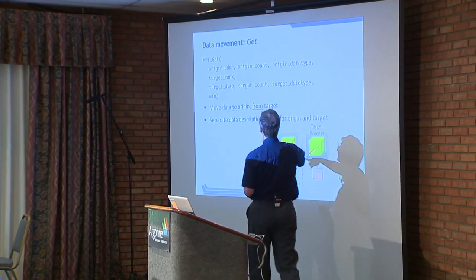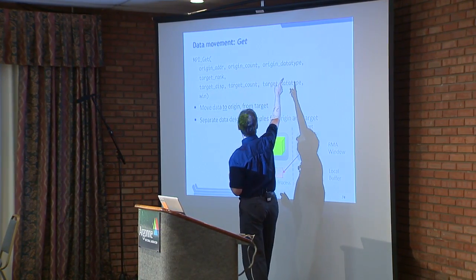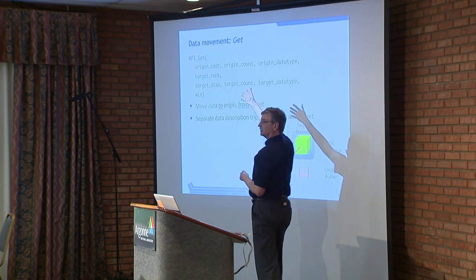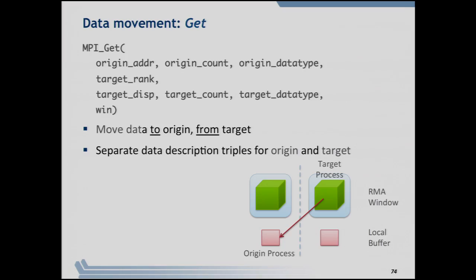So for a Get, we pass the origin address, count, and datatype. That's essentially the receive buffer, because a Get is going to acquire data from someplace else. So you say where you want that data to land, just the way you would with a receive. Then there's the rank of the target, the process from which you want to get the data, the displacement, and then the number of the datatype inside that window object.